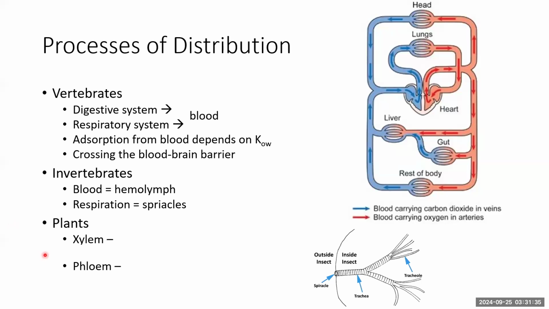And of course, we can't forget plants. Plants also get exposed to toxins, and we need to think about how stuff's going to move around in plants. So when we think about plants, we're going to be thinking especially about the apoplastic route, which is the space outside of those membranes.